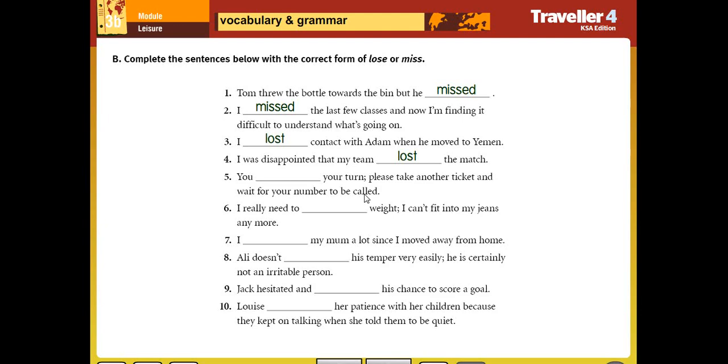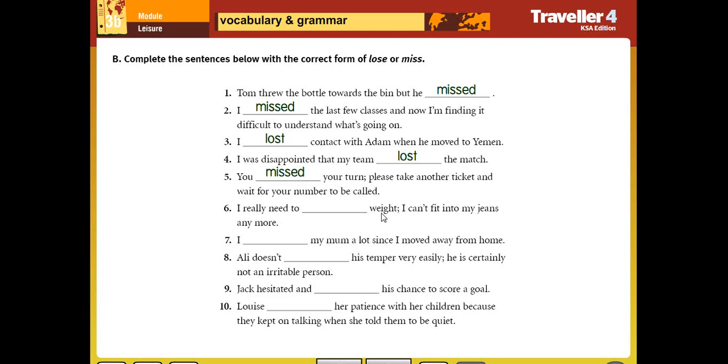You had some coffee and then you came back, but you are shocked that you missed your turn. It means you need to take another ticket. You missed your turn. I really need to wait.